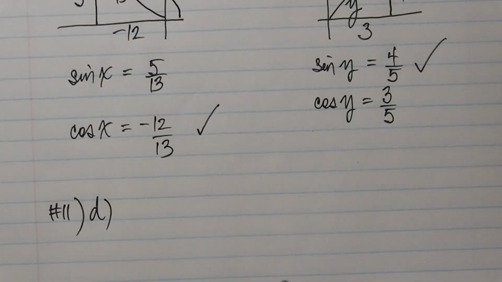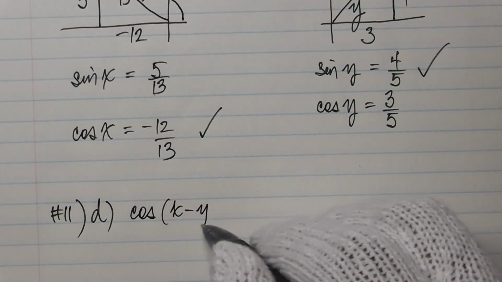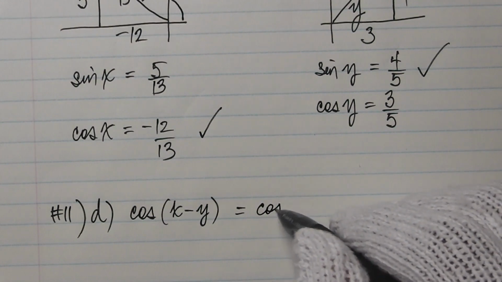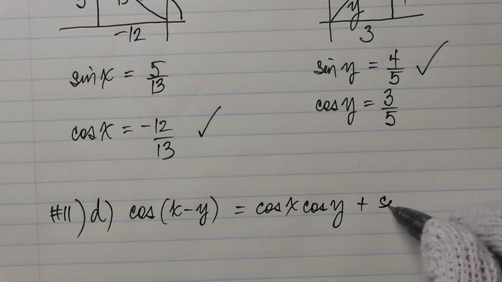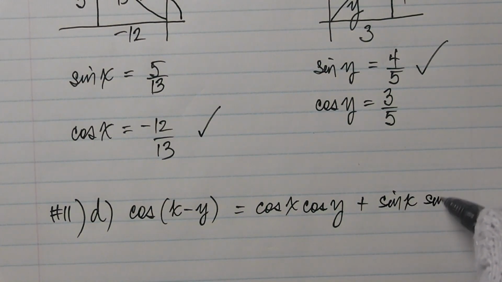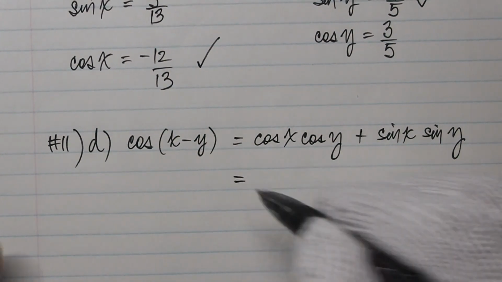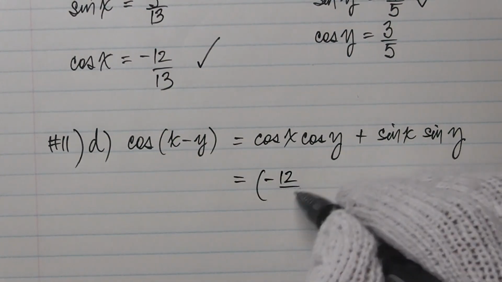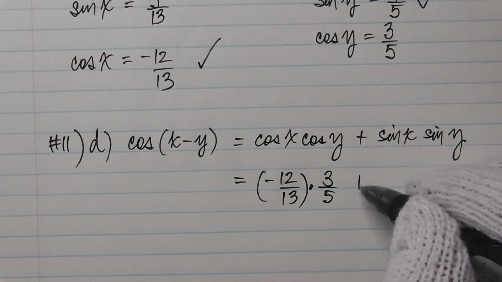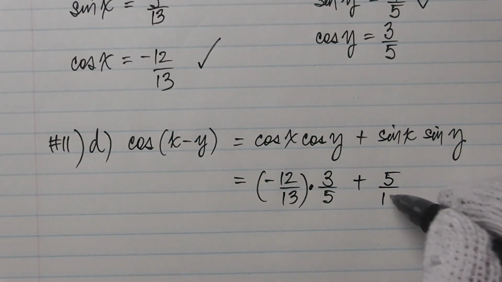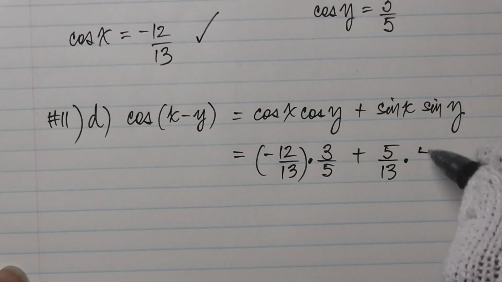If you, for example, tried to find the exact value of cosine of x minus y, that would be cosine x cosine y plus sine x sine y, and that would give you cosine x, negative 12 over 13, multiplied by cosine y, 3 over 5, plus sine x, 5 over 13, multiplied by sine y, which is 4 over 5.